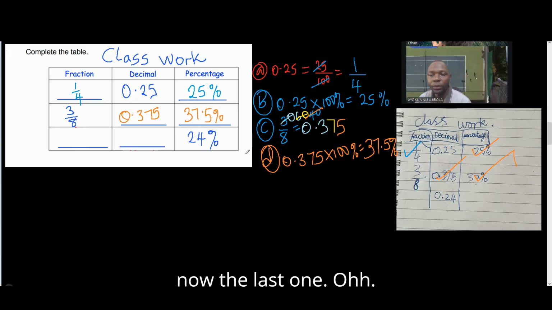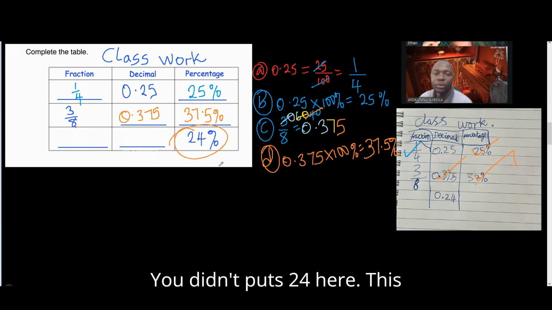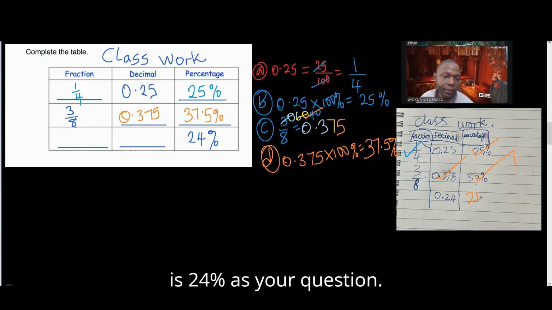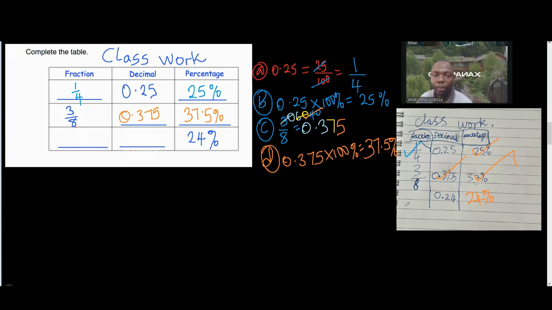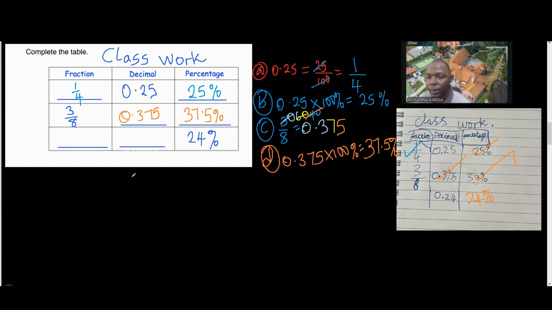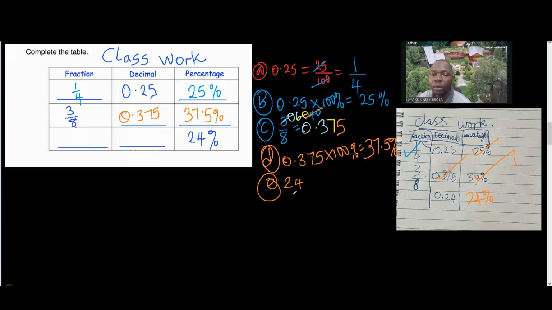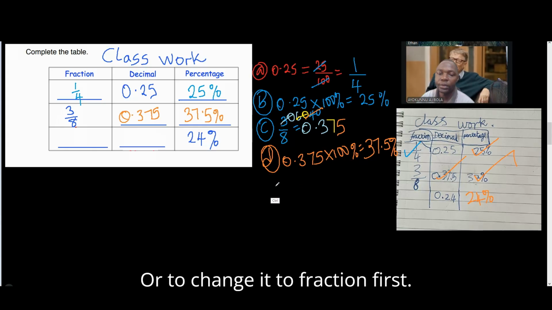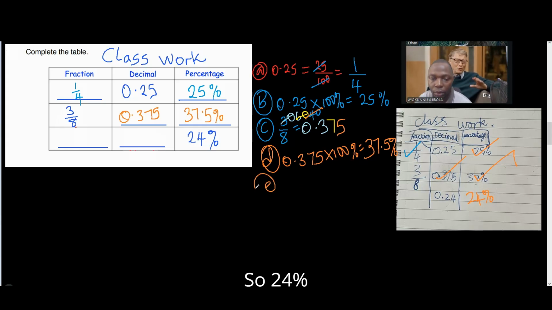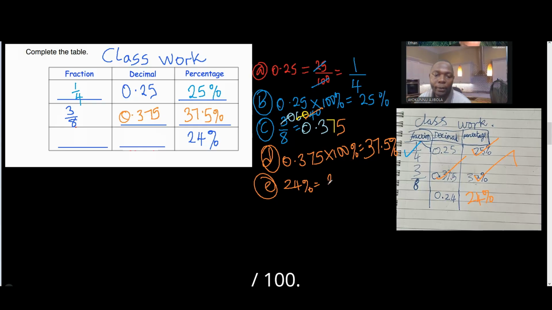Now the last one. Oh, you didn't put 24 here. This is 24% as in your question. Then to change it to decimal, or to change it to a fraction first, 24% means 24 divided by 100.